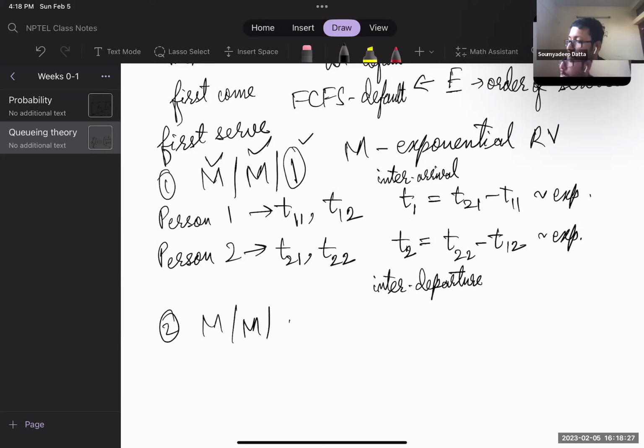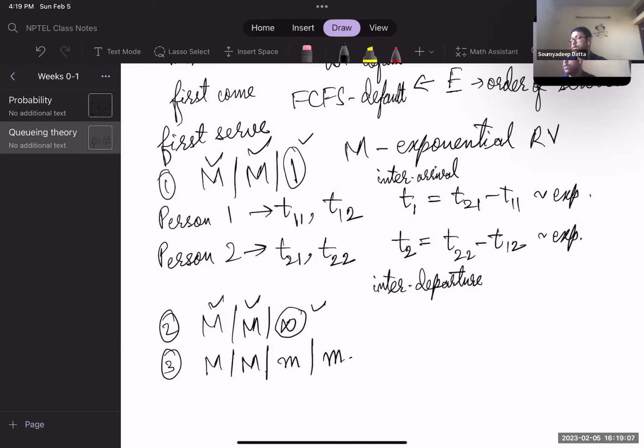Here the only difference is you have an infinite number of cashiers. That is a twist: if there are more passengers, they will always find another cashier who is free. It is an important notation to keep in mind: MM infinity.